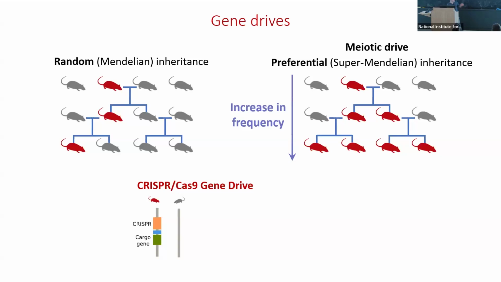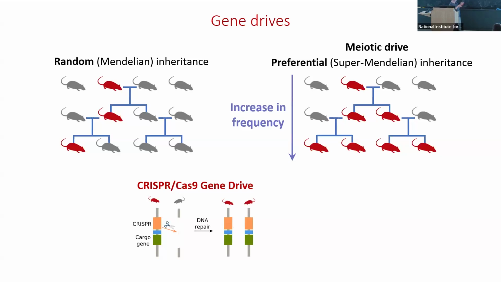And what happens is you inherit, let's say, this from one of your parents, and from your other parent, you inherit the wild-type chromosome. The CRISPR element is going to cut the wild-type chromosome, and then DNA repair mechanisms are going to copy the entire thing into the other chromosome.